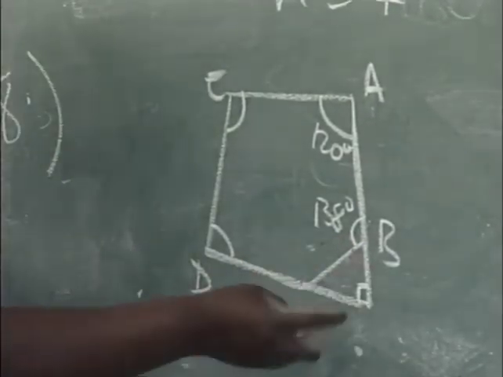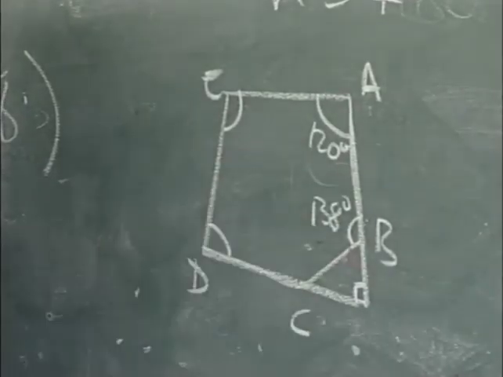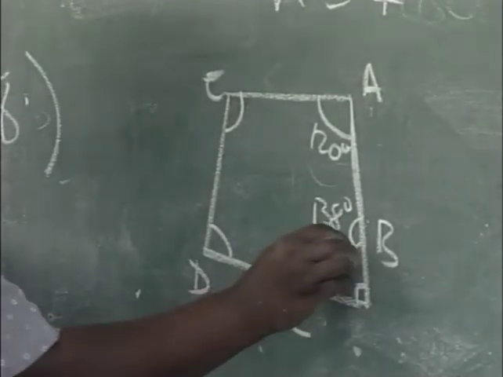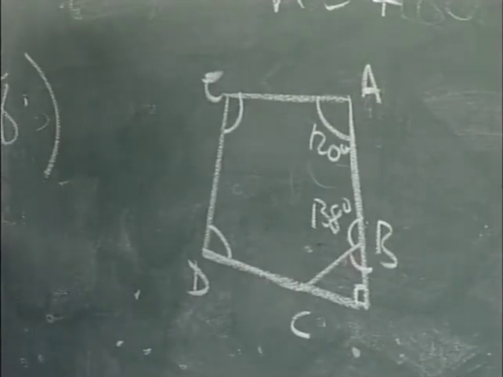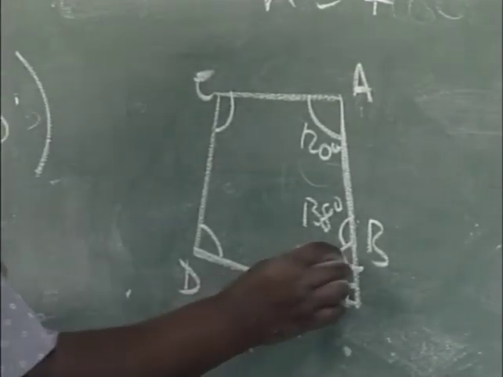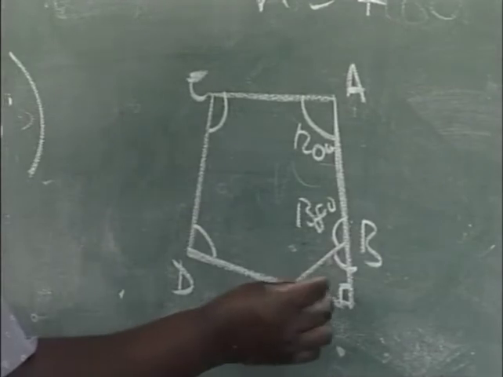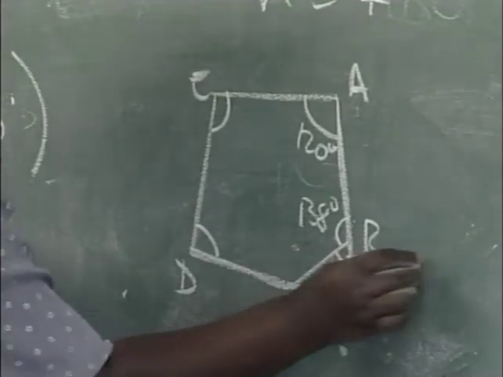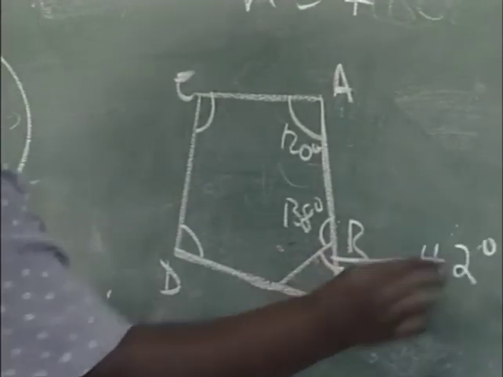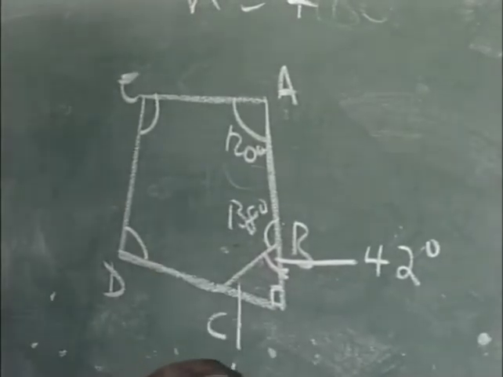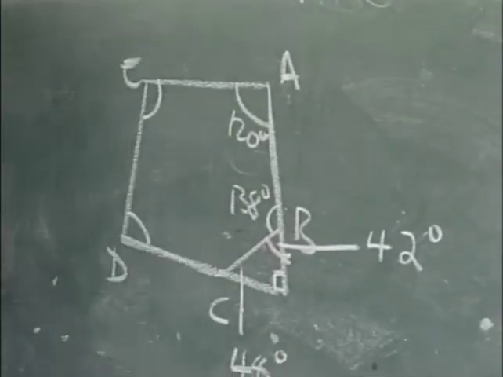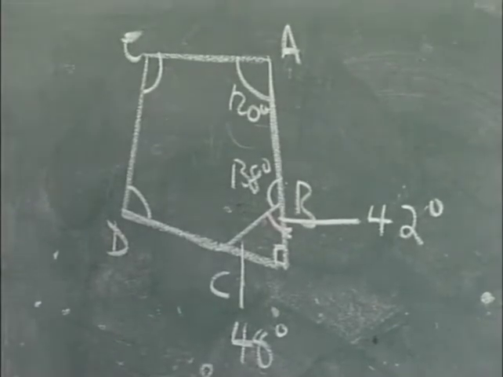Okay, if this is 138 degrees, then this angle here, because this is a straight line, 138 from 180 will give us what? 42. So this angle is 42 degrees. This one is now 48 degrees because 48 plus 42 will give 90 degrees.